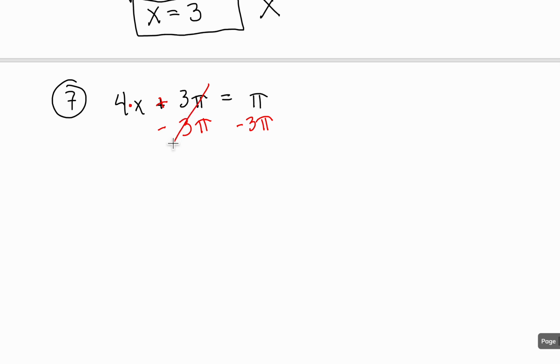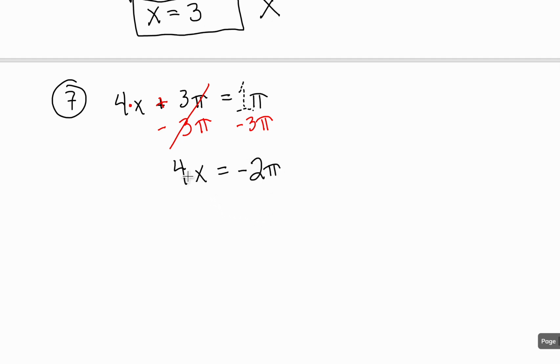So that 3 pi's cancel out to be, well, not 1 this time, but it's 0. Any number minus itself is a 0. And over on that left side, we're left with 4 times x equals, now, oh yeah, there's that invisible 1, that hidden 1. So if we have 1 pi minus 3 pi's, we have negative 2 pi's left over.